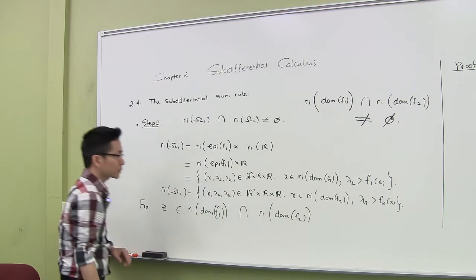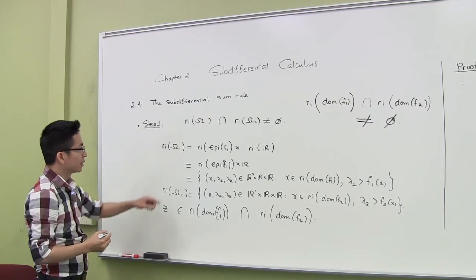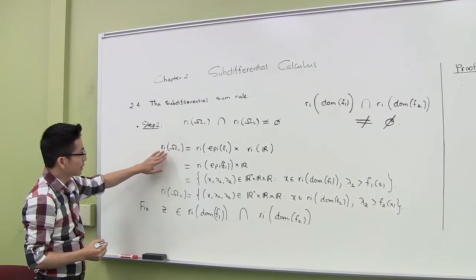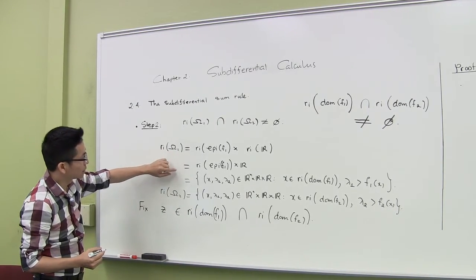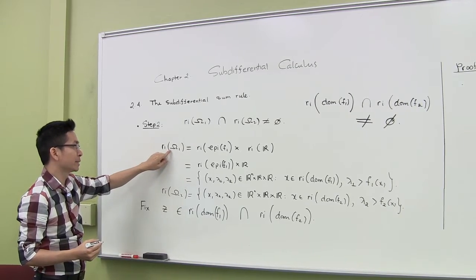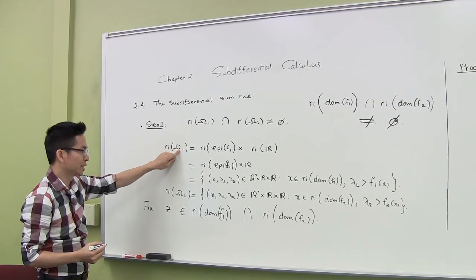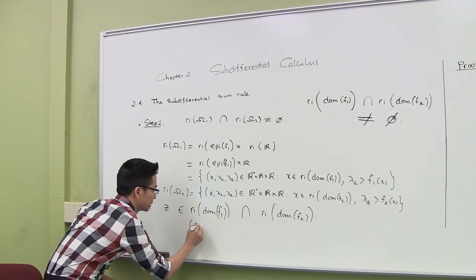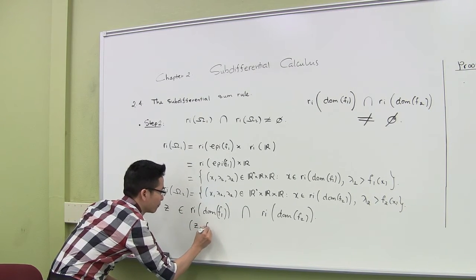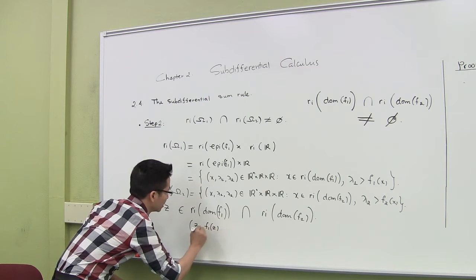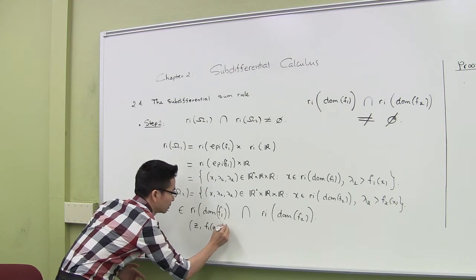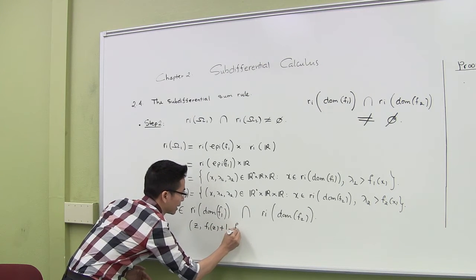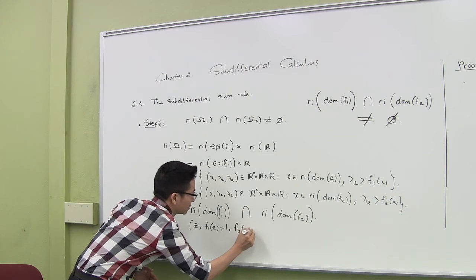Okay, so now if we look at this representation for the relative interior of omega 1, we see the following. This element z, if we take here f1 of z, for example, we add 1, and then here f2 of z plus 1.